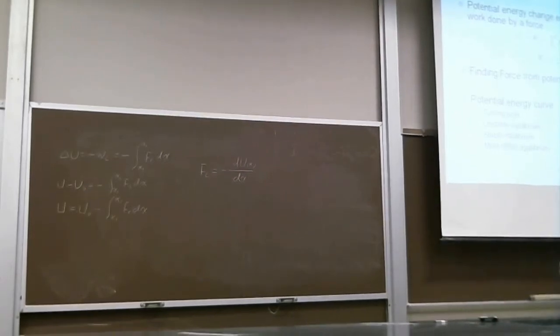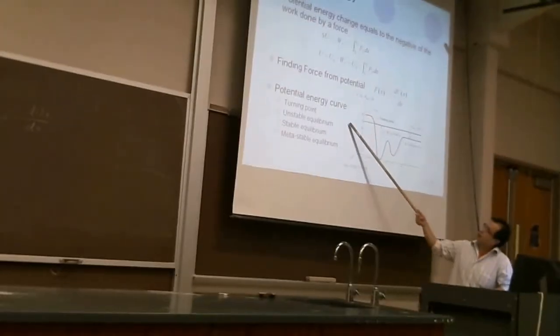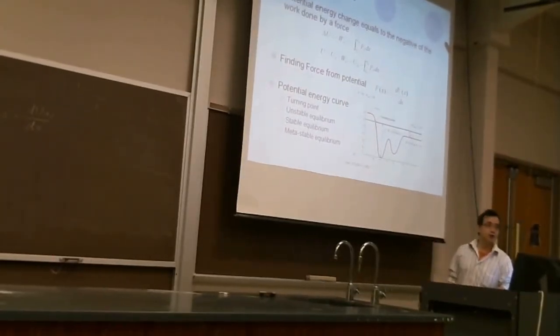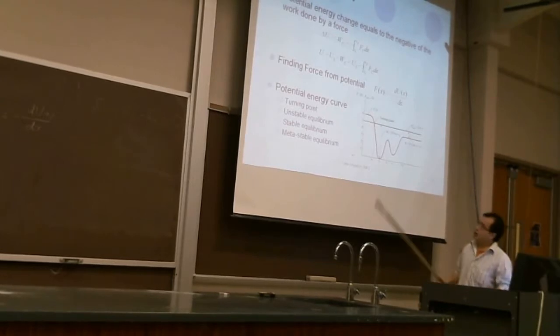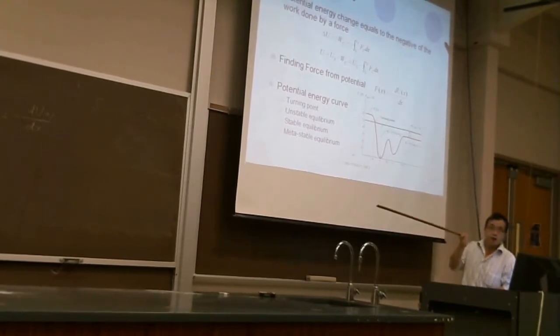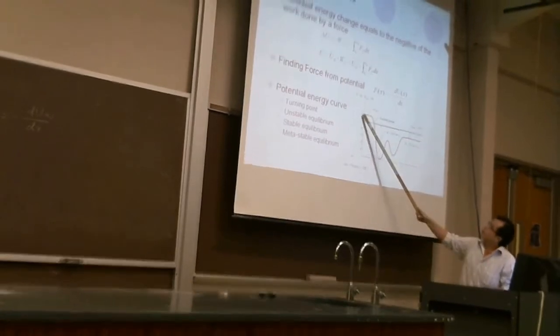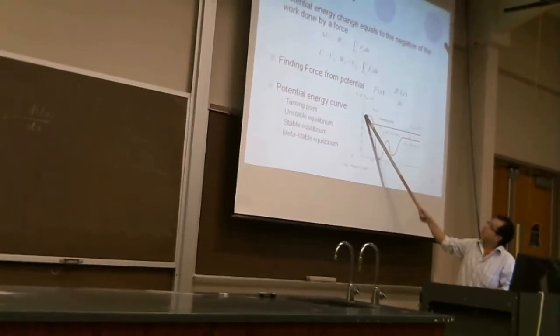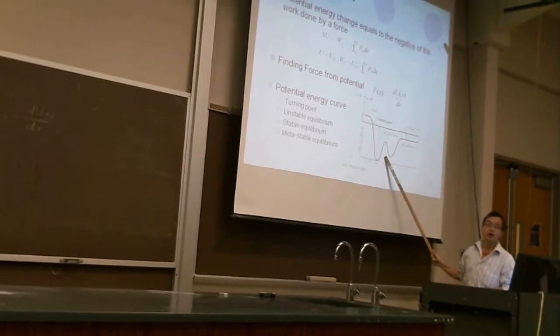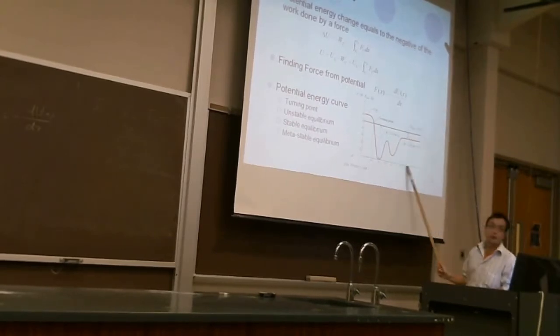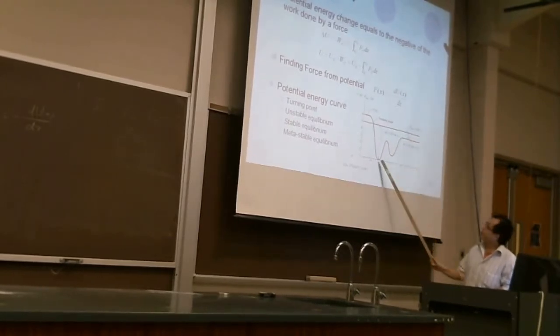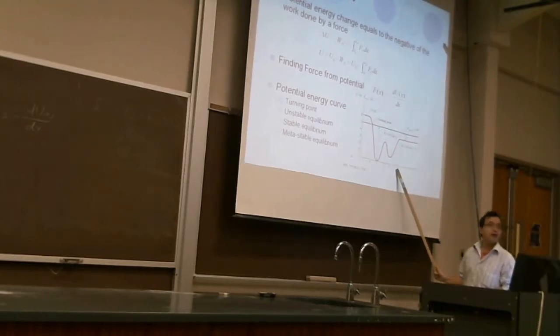Okay. One thing is, it's very useful to talk about the potential energy curve. If you start some motion, if you know the functional form of the potential energy, you can try to plot it. For example, this is a particular potential energy function, with respect to position. So at different points you have different values.